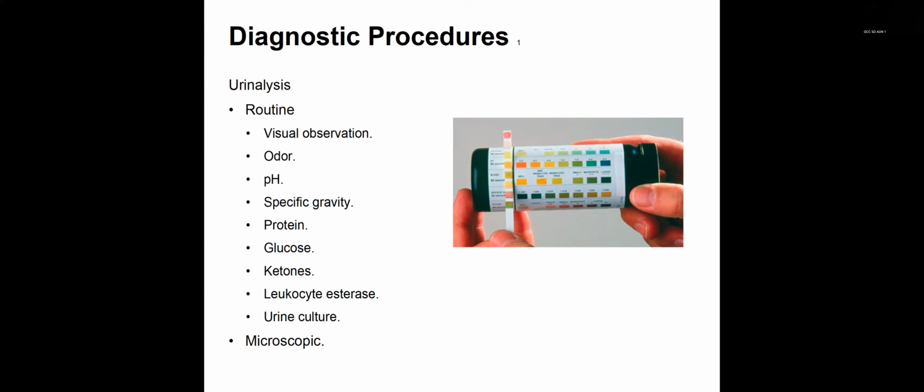So they can refer to visual observations, the odor, the pH, specific gravity, presence of protein, presence of glucose, presence of ketones, presence of immune cells like leukocytes as well. And also there's microscopic urinary analysis, which involves visual inspection of samples of urine sediment using a microscope.